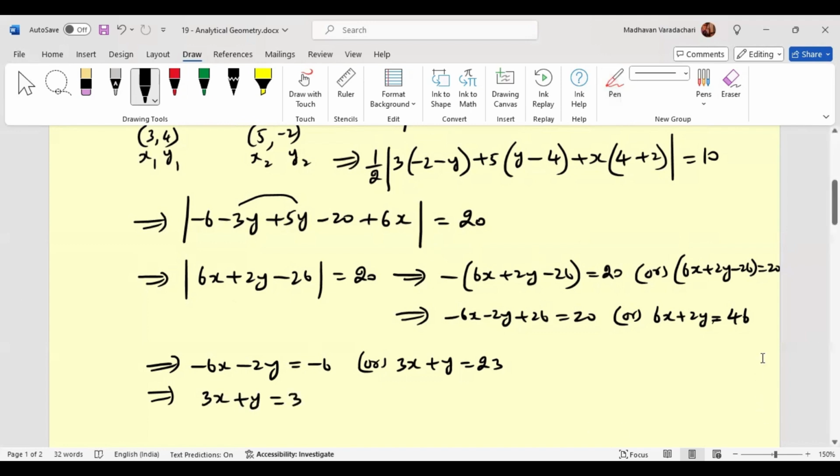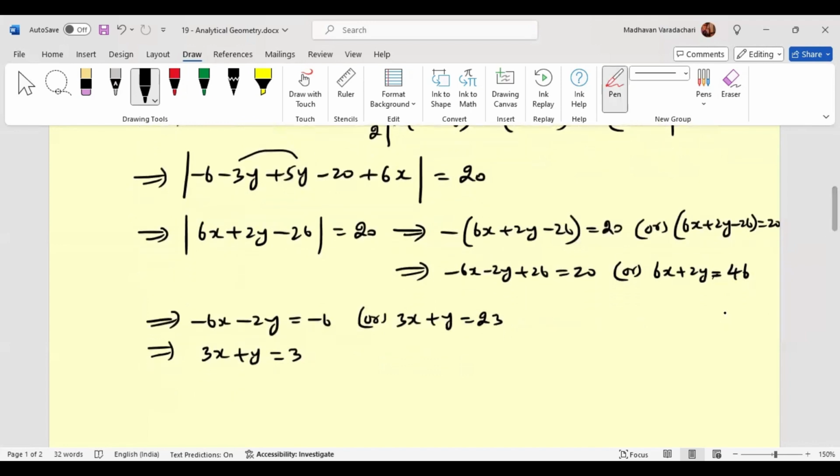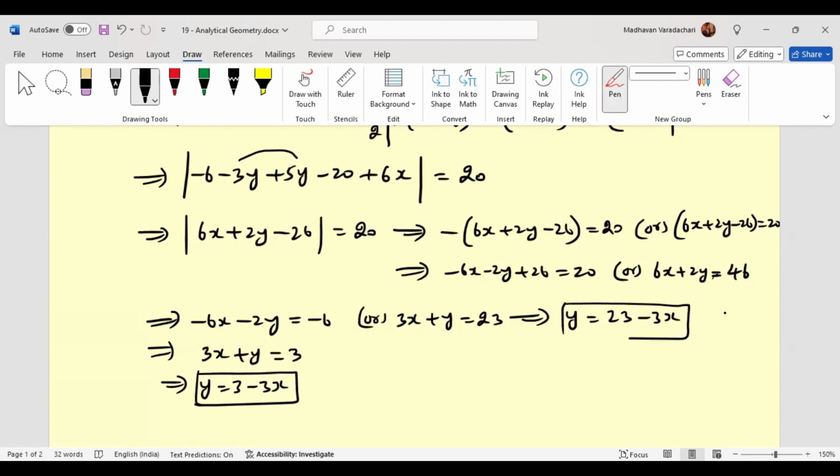So these are the two equations we got. So from this, we will write y as 23 minus 3x. From this, we will write y as 3 minus 3x. Consider this as 1, this as 2.